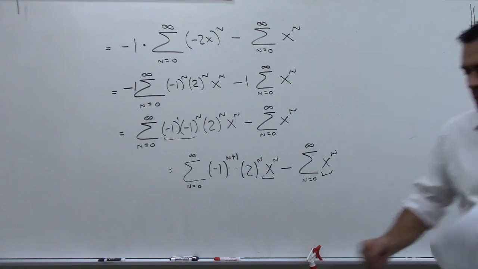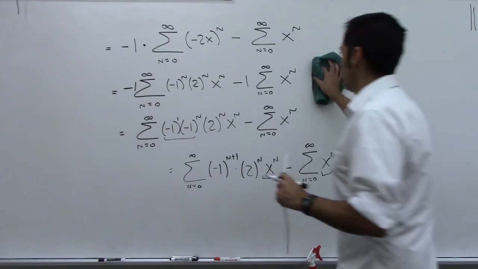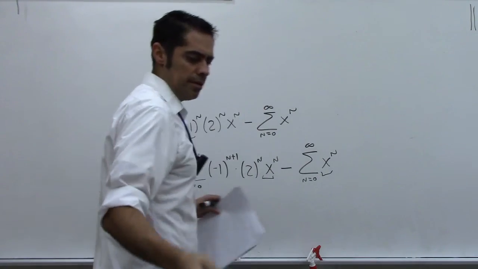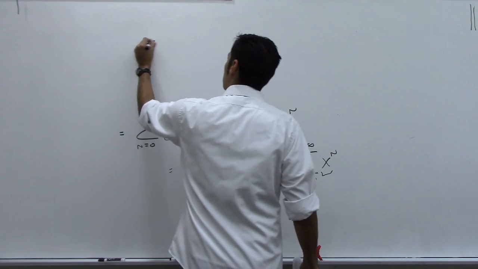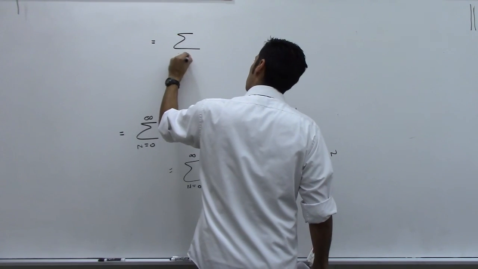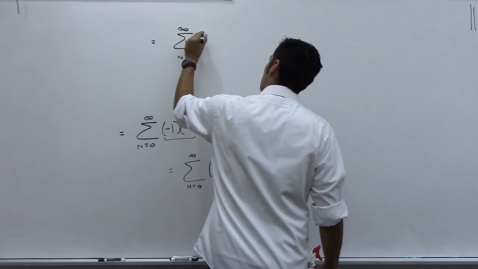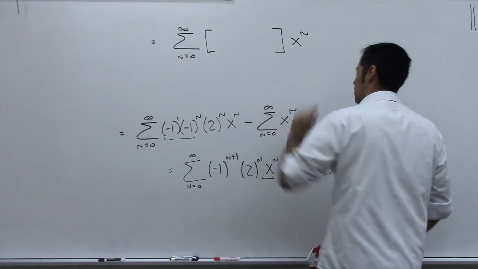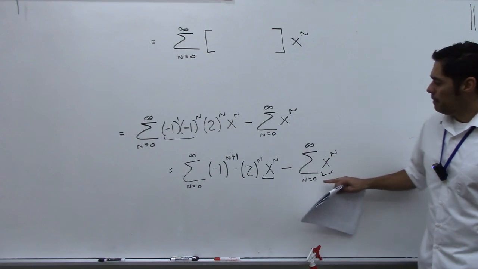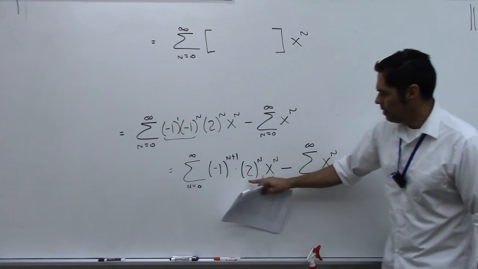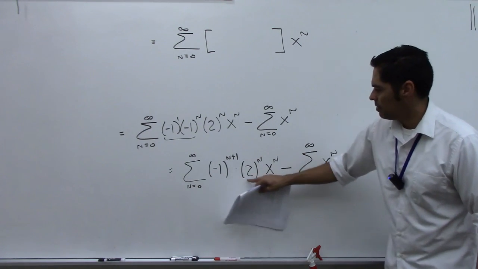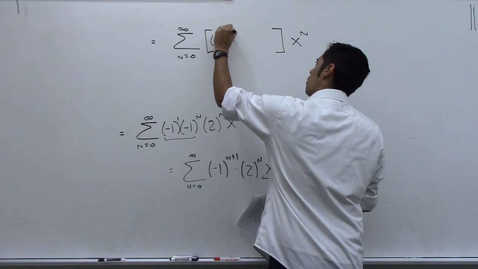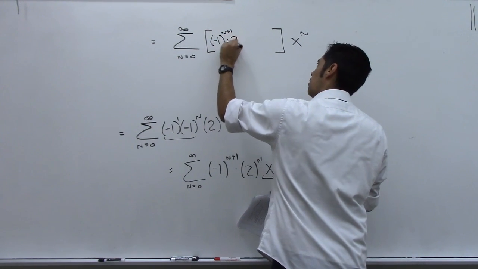And you can see again, these both have x to the n in them. Since they both have x to the n in them, I can do almost like a factoring, and turn it into one sum. So sum n equals 0 to infinity, and I have some stuff, and then x to the n, which was the common factor in both. Now, here inside I need -1 to the n plus 1 times 2 to the n.